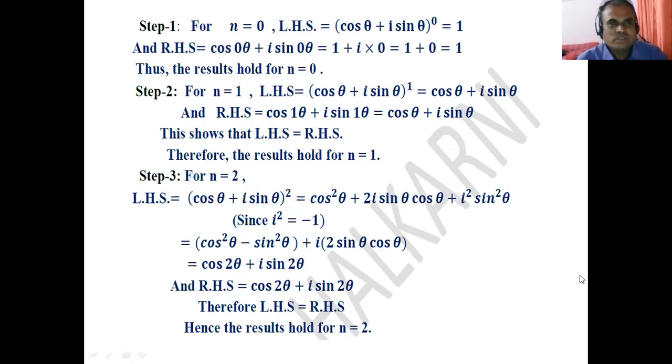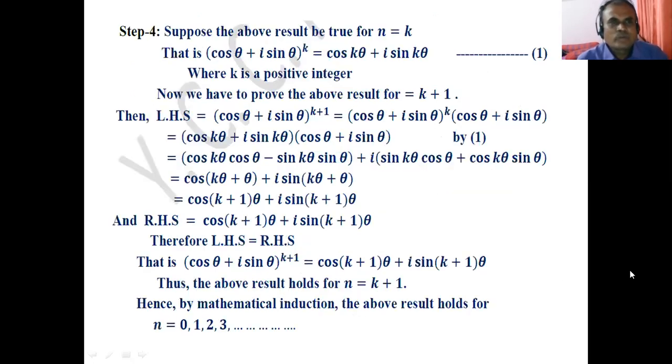Hence, now the next step, step 4. Suppose the above result is true for n equal to any value. We have seen in step 1, step 2, and step 3 that the theorem is proved for n equal to 0, n equal to 1, n equal to 2, and this shows that the theorem is true for any value of n.